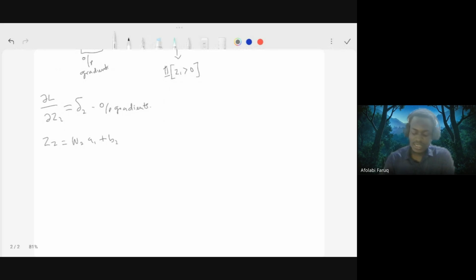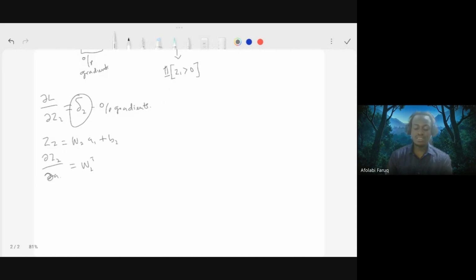So for this, we say ∂Z2/∂A1. We call this the transpose of the second weight, the transpose of the weight assigned on the second layer. Don't forget that the output of the first layer is delta 2.